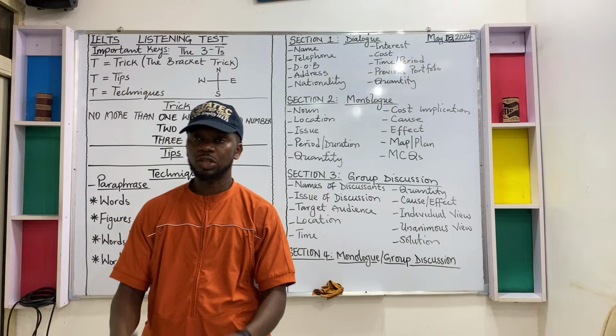But if you follow the strategy of reading 36 to 40 first, by the time you get to the 40th question, the audio will begin, right? And you quickly go to 31.